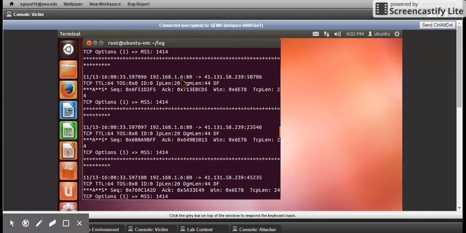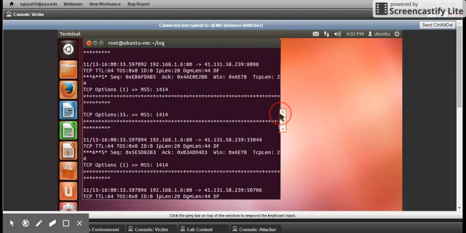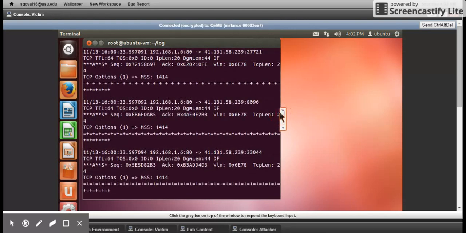this packet is going again from the victim from port 80 to port 50706. So this means that there were a bunch of packets coming in from the attacker from different ports on the victim to basically have denial of service or do a first test of how the system would respond.